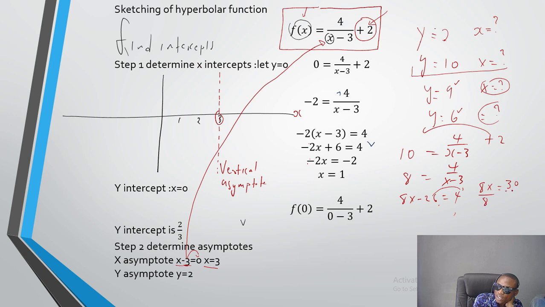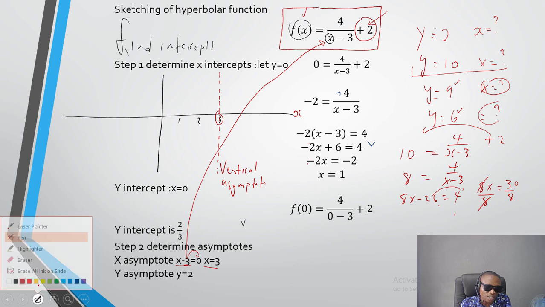Divide by 8 both sides. So when y is 10, x is 30 over 8. You can simplify it further and take 15 over 4. So when y is 10, x is 15 over 4, or you can say 30 over 8.